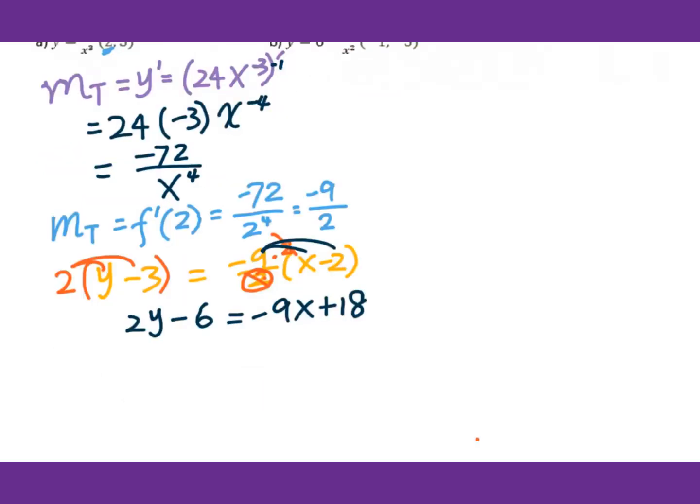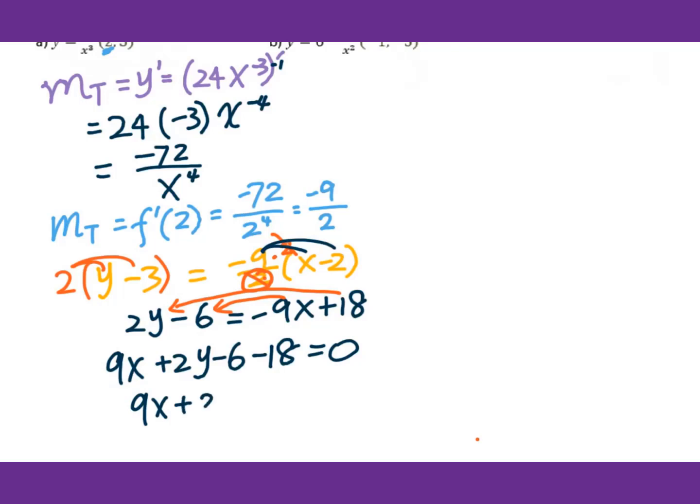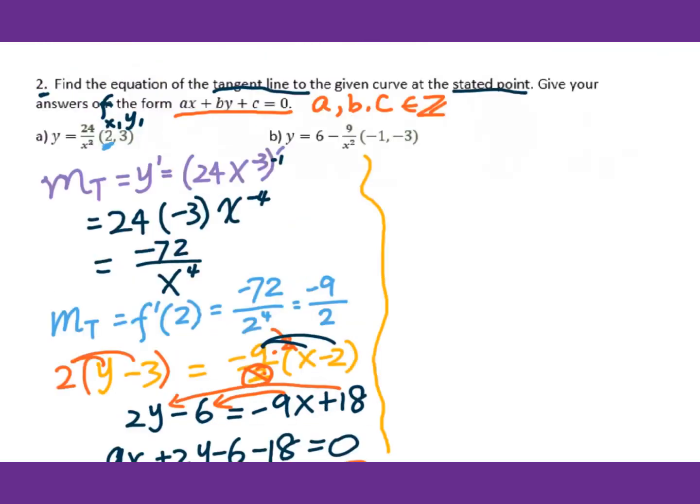Then move everything to the left side. Remember, you need to change the sign. So you get 9x plus 2y minus 6 minus 18 equal to 0. 9x plus 2y minus 24 equal to 0. This will be the final answer. Now let's go to B.